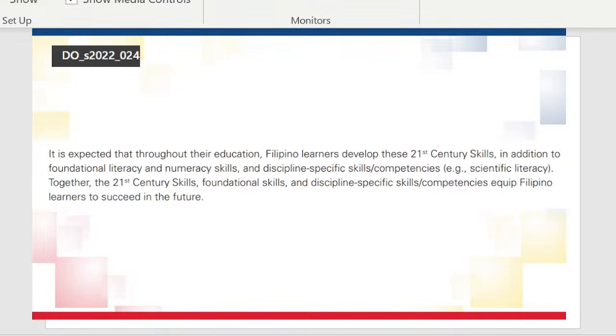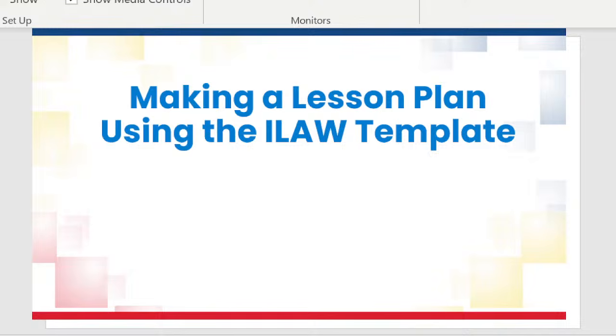It is expected that throughout their education, our Filipino learners develop these 21st century skills in addition to foundational literacy and numeracy. We focus on the basics, literacy, numeracy, discipline, together with the 21st century skills so that our Filipino learners will succeed in the future.